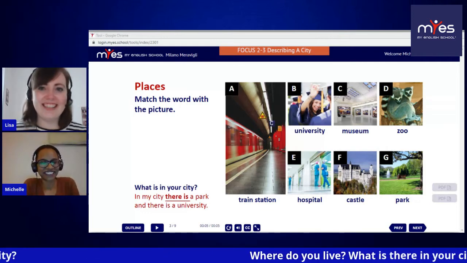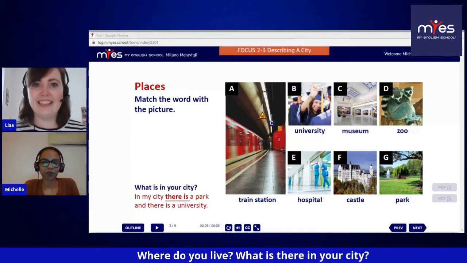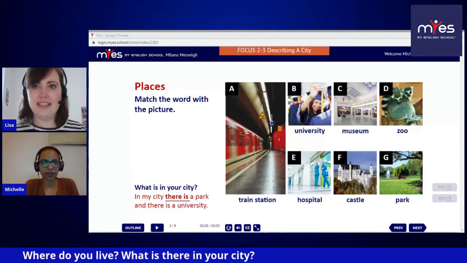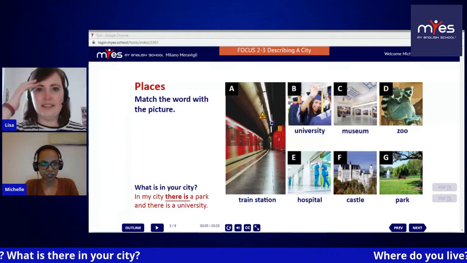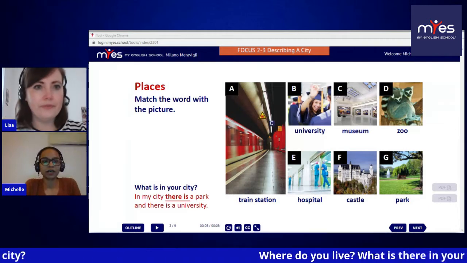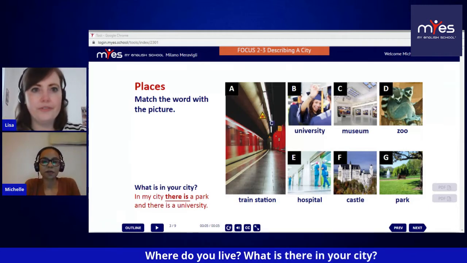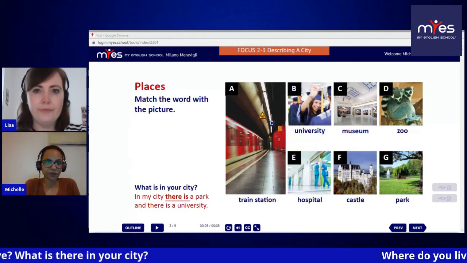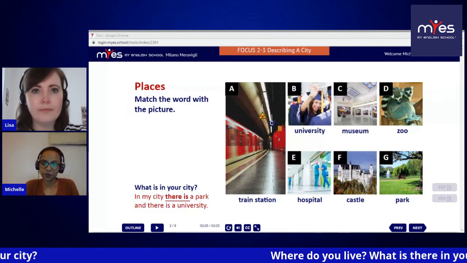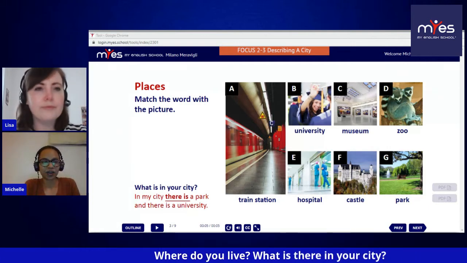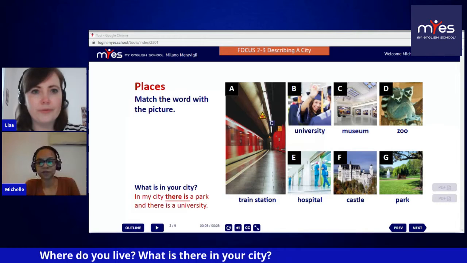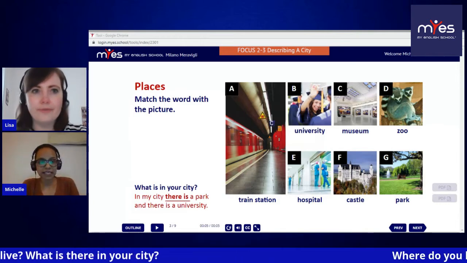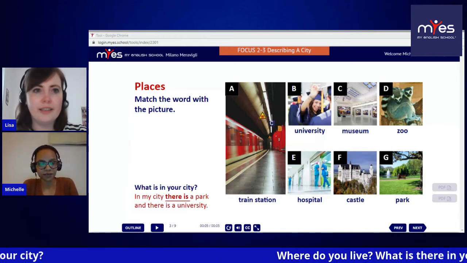What is there in your city? In my city, there is a train station. There are universities. There is a museum. There is a zoo. There are hospitals. There isn't a castle.